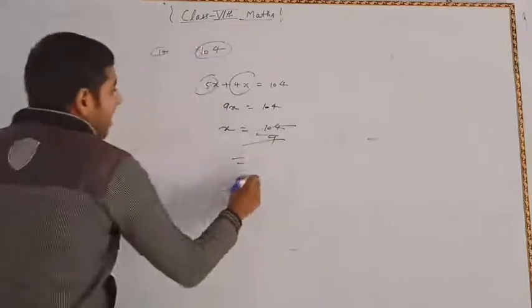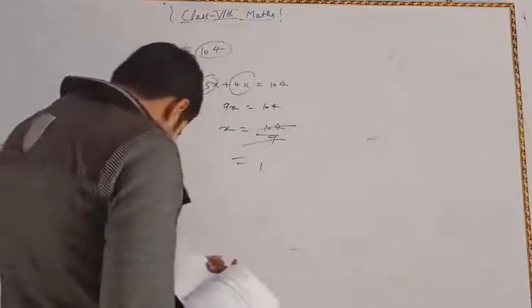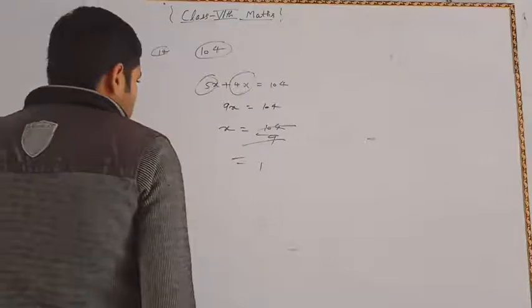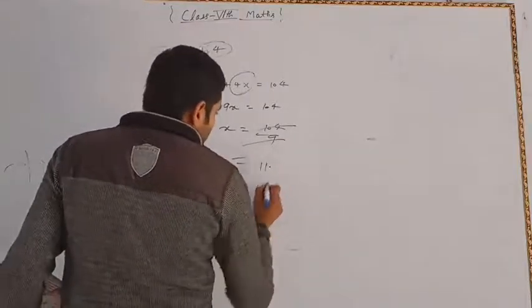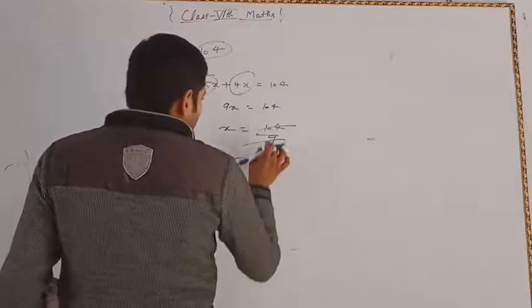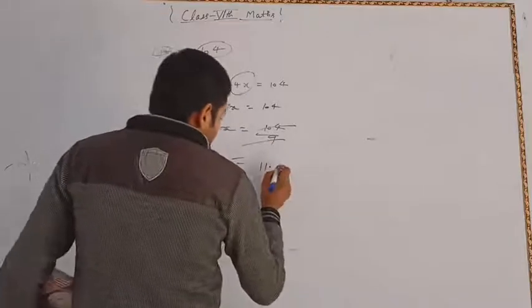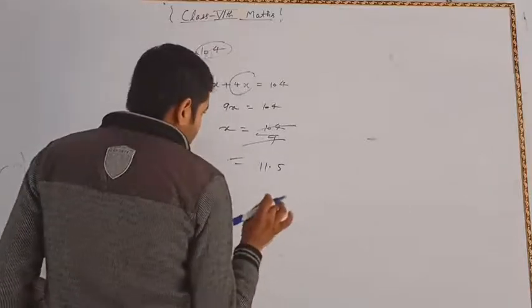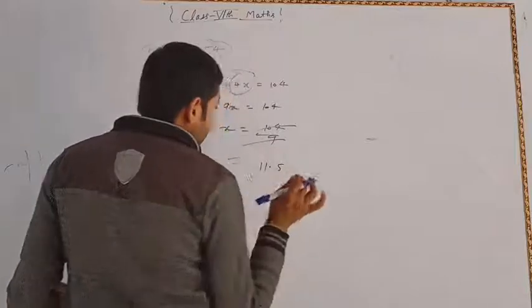Then 9 times 1 is 9, 10 minus 9, 14. Now again 9 into 9, take the point, again 5, now becomes 50. Then 9 by 45, remain 5.